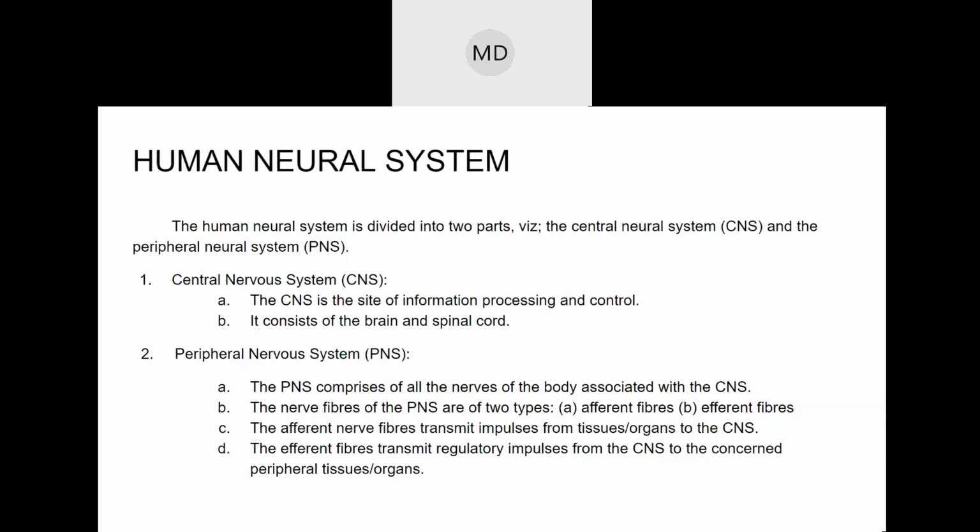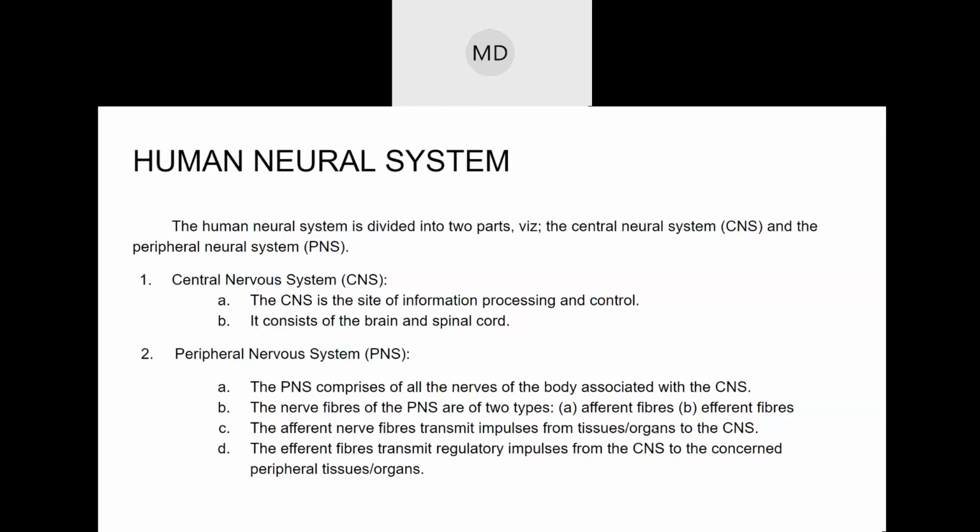They transmit signals in the form of electrical impulses, and that is why they are so fast.